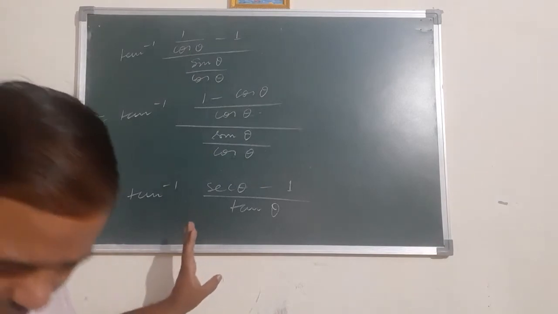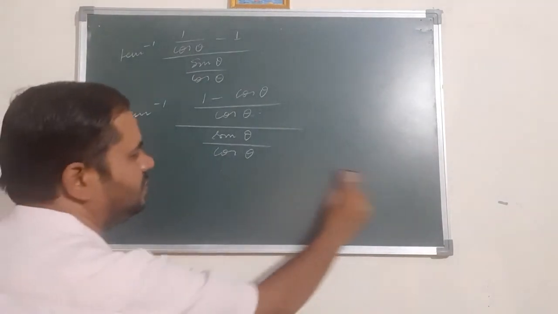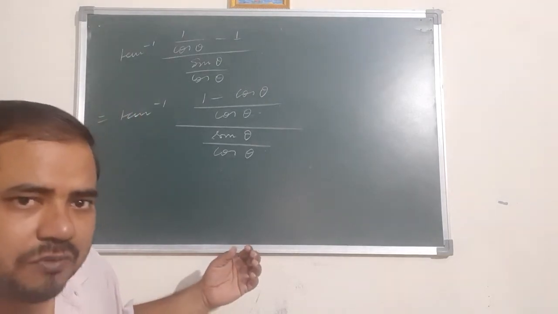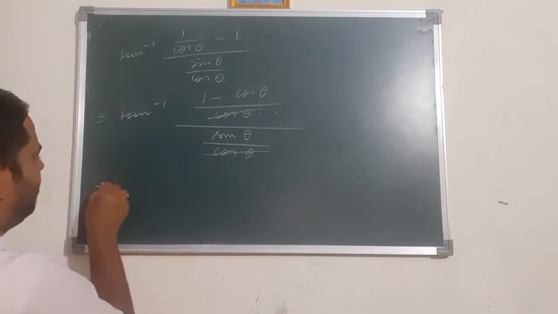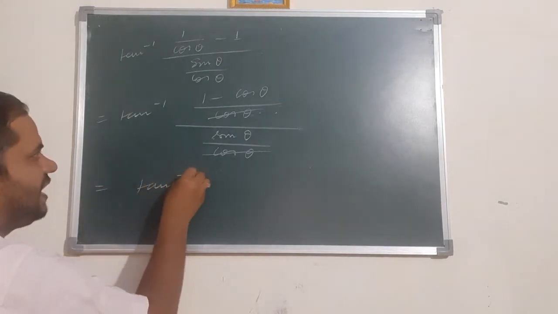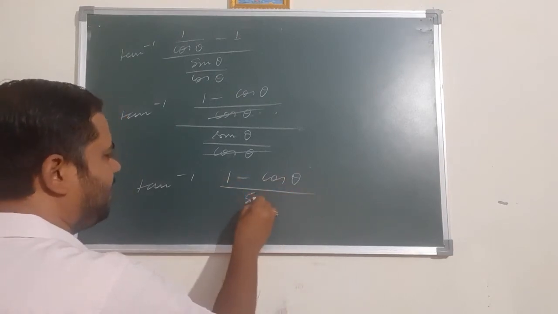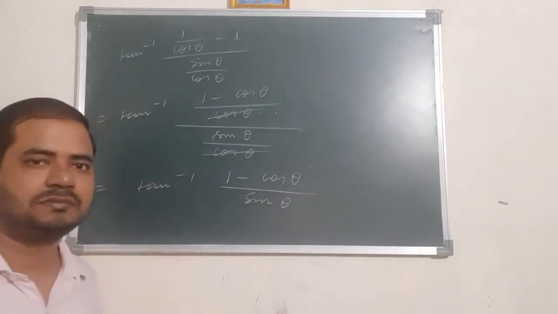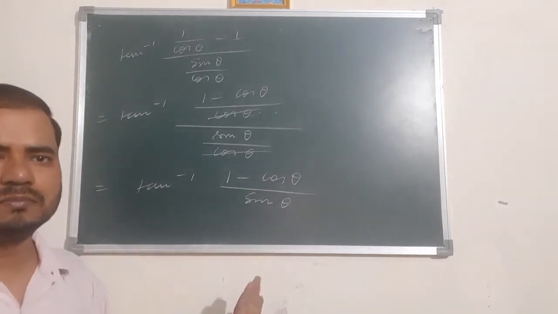That's simple calculation, nothing is there, as you have already calculated in class 11th. So cos theta cancelled out, and this is nothing but tan inverse of (1 minus cos theta) divided by sin theta. Up to this step it is clear? Okay, so please note it down.